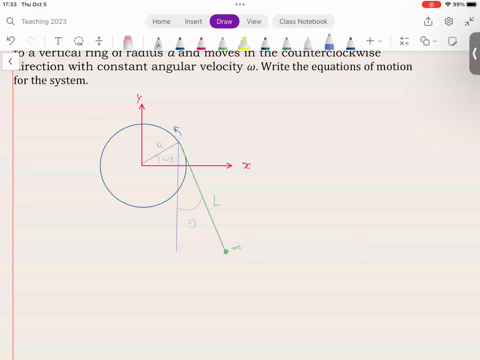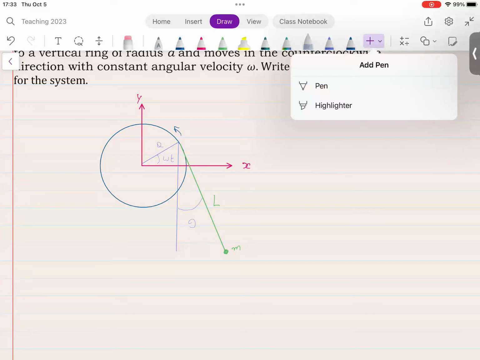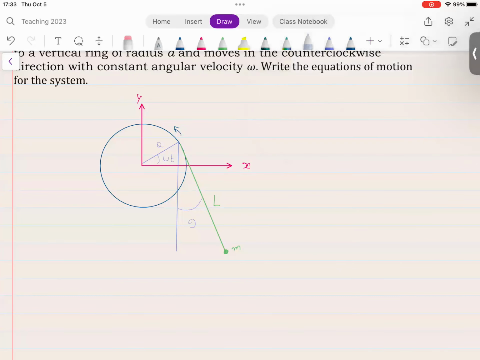The angle between the pendulum and the vertical is theta. Let's just use a different color. Gravity points down.